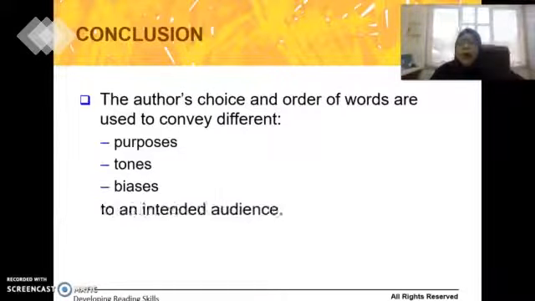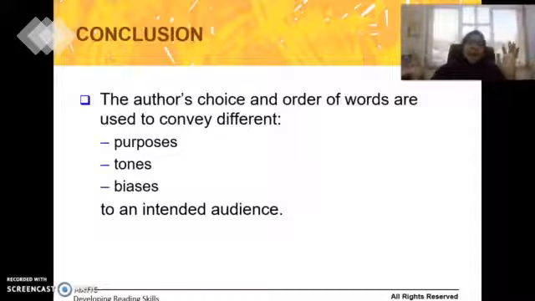And also the intended audience. Who are the audience? Are you the selected reader to read the text? Usually the students are the target because only the students will read, as compared to the workers.